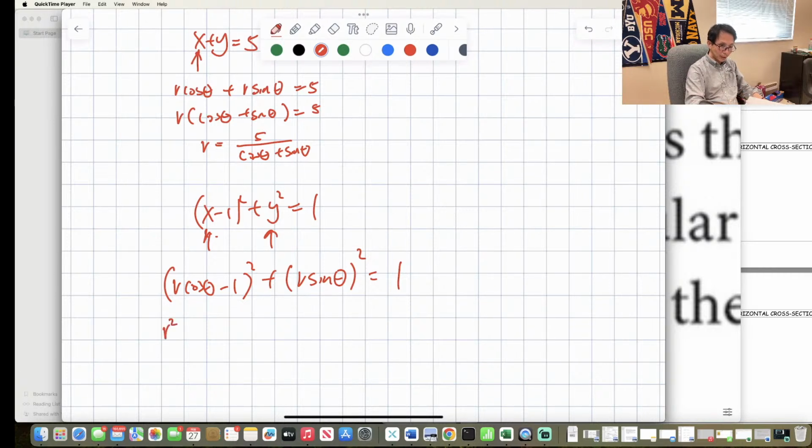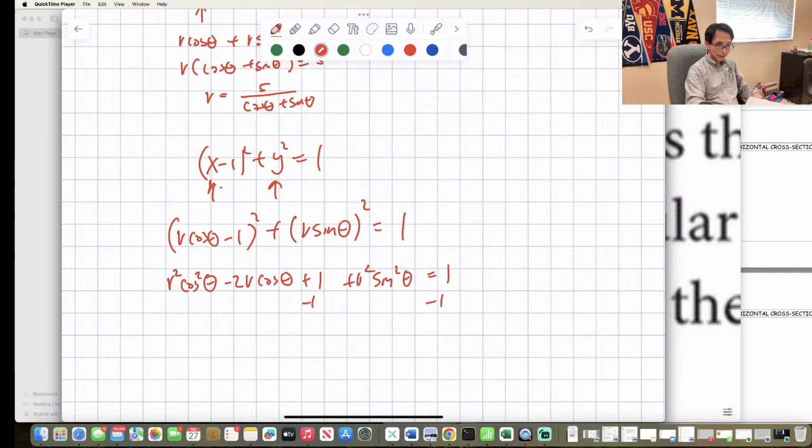If I distribute it, I get r squared cosine squared theta minus 2 r cosine theta plus 1 plus r squared sine squared theta is equal to 1. Can I subtract 1 on both sides?